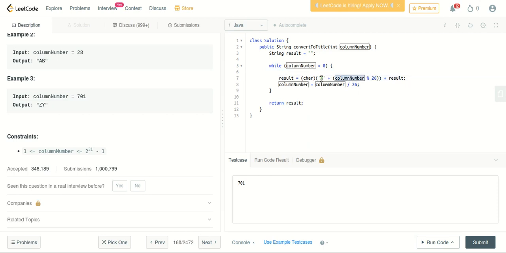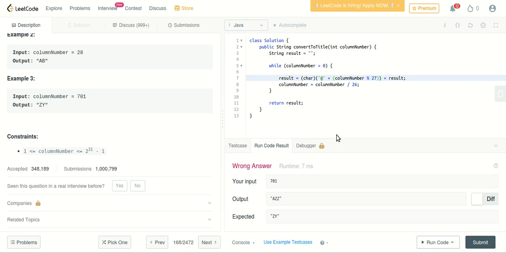Okay, so what we can also do is divide it by 27, but what if we divide it by 27, then we can also get 26. Okay, let's try to do that.